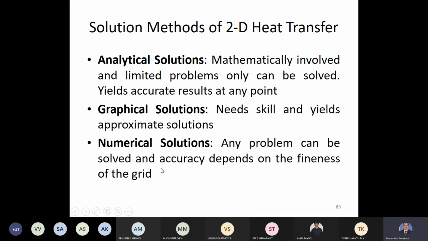Any problem can be solved, and accuracy depends on the fineness of the grid. This particular numerical solution depends solely on the computer's computational or processing power, or the computer's ability to handle a large number of unknowns. So we will see that method now.